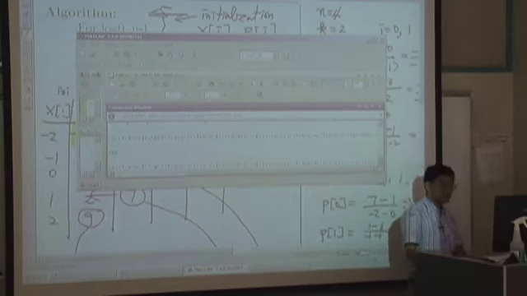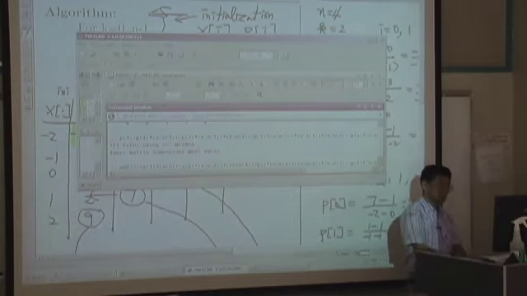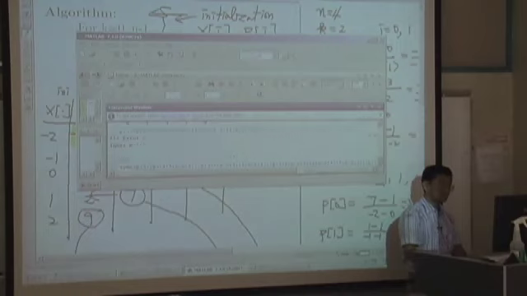What is wrong? Let's check. P of 5, 4, 3, 2. Oh, then I should use t vector, right?